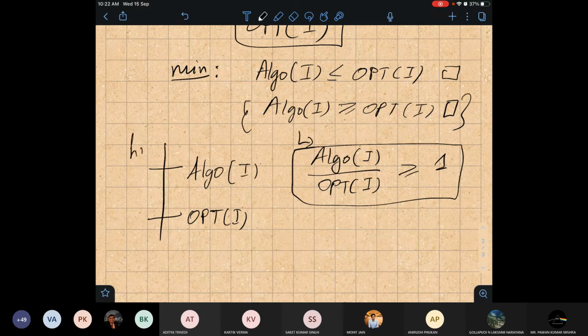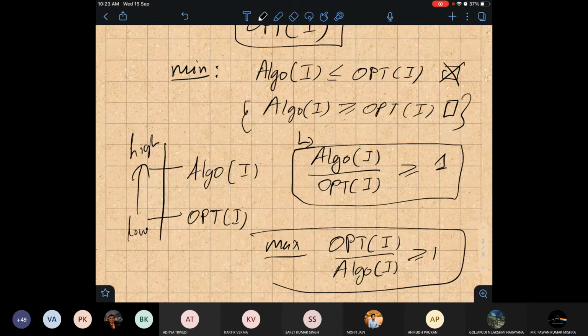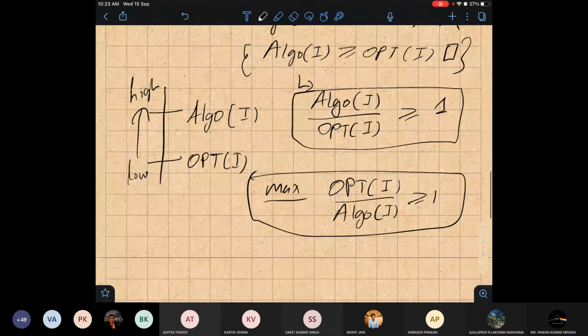The solution returned by our algorithm will always be more than the optimal one. Agree? So this will hold. Now, if we consider maximization, the things will be reversed. Agree?